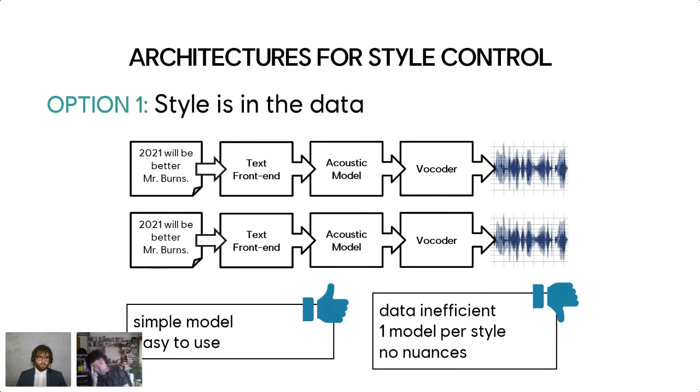First thing, a very simple idea is let's train one simple model per emotion or per style that you want to use. We did that, and here are some examples. In that case, the style is in the data. As I said, we record just a happy data set from a person, and when we want a happy sentence, we just use this model.